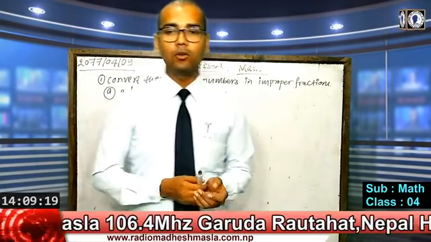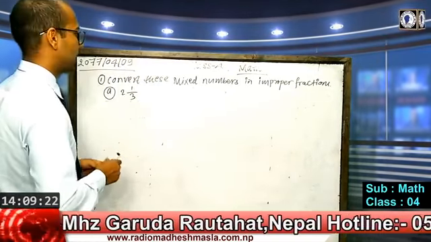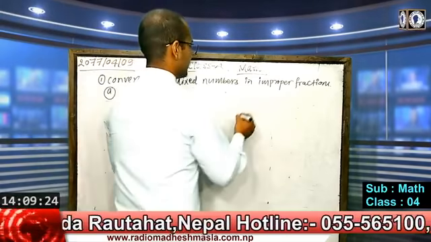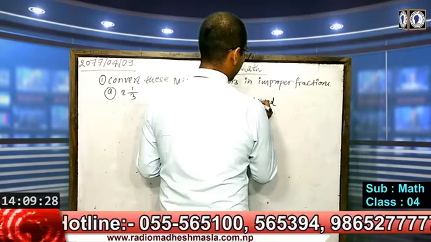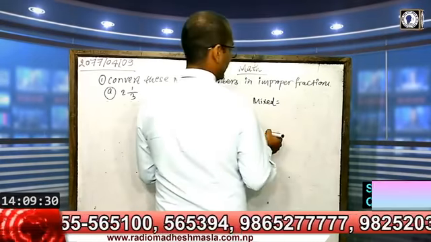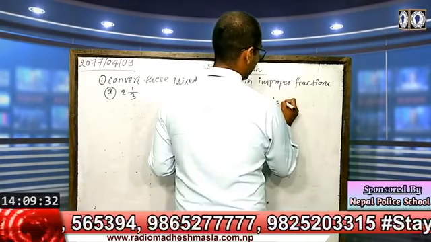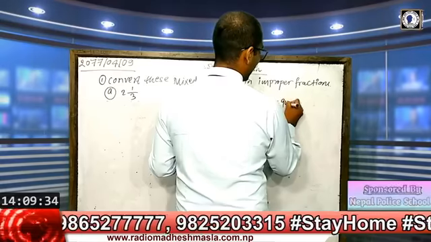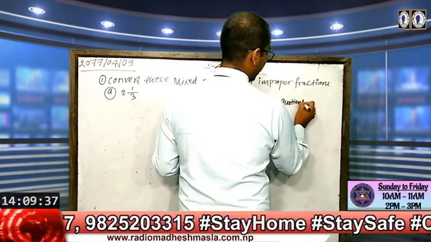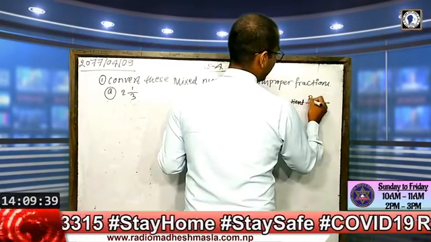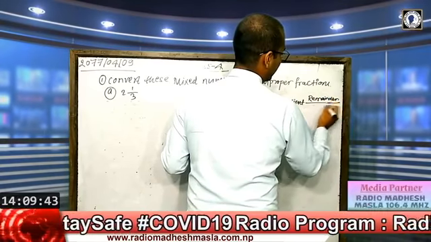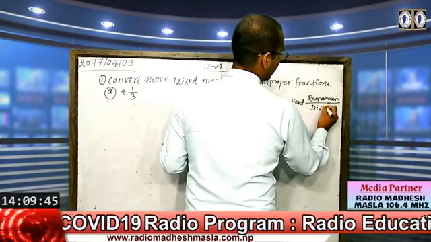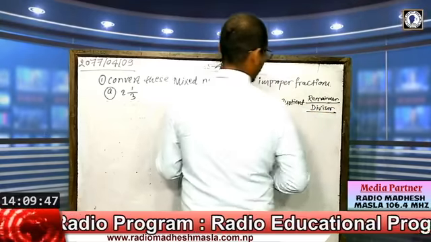As you know, we have formulas for the mixed fractions. We have done these problems in our previous classes. For the mixed fractions, we have a formula: the quotient, the remainder should be written as numerator, and the divisor should be written as denominator.